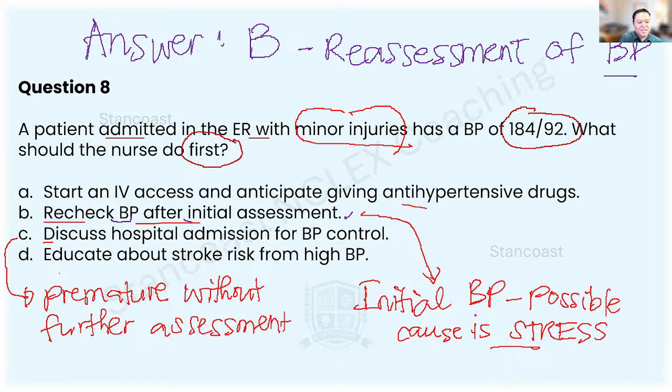And letter D, educate about stroke risk from high blood pressure. Yeah, it is important, guys. You have to educate them after you have already done your reassessment and probably treated it if it needed to be treated. But our priority action here is to reassess. Okay? Make sure you do the reassessment first.